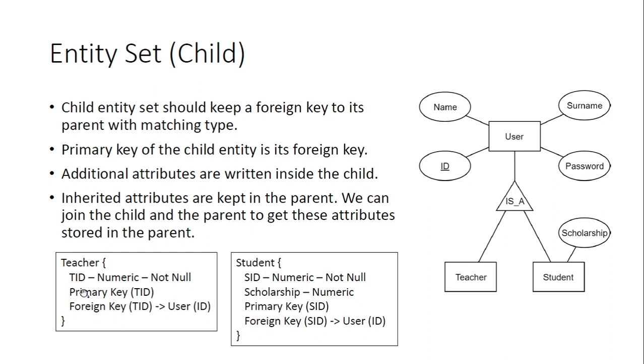Again, this is going to be the primary key of this teacher table, because there is only one attribute in the teacher table, and for every table we need to have some primary key. Whether it's a child entity set, whether it's a relationship, we need to have some primary key for all the tables. So since we just have one attribute in the teacher table, it is going to be the primary key as well.